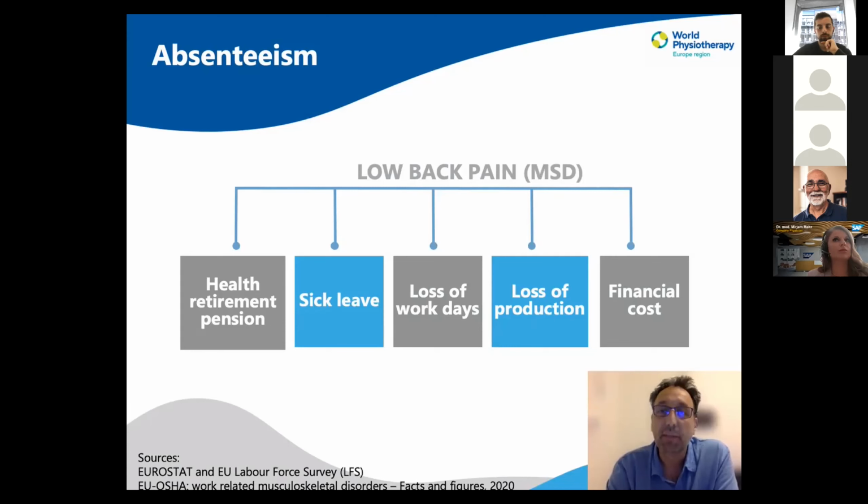The financial impact is situated on multiple levels. Absenteeism due to low back pain is the cause of loss of production and work days. This has financial impact on both the employee, but also the employer. Sick leave and early retirement are a burden to society, as they have great impact on the stability of a healthcare and labor system.